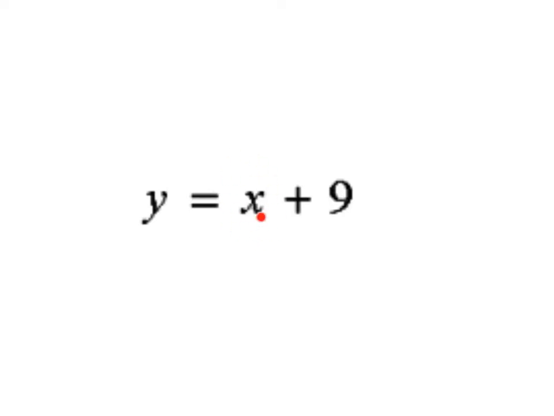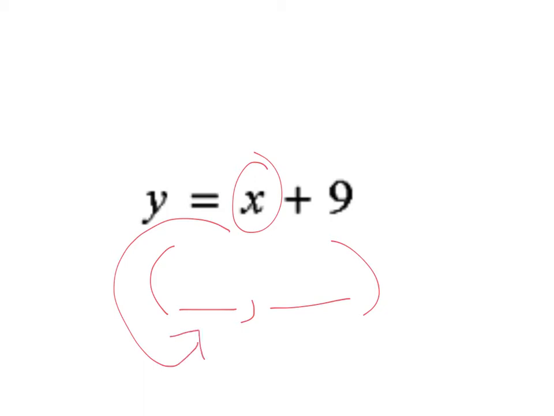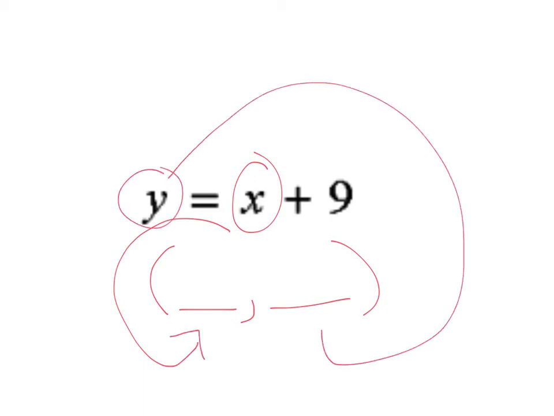That way, you can find out what your solution is. Remember, you're going to get an ordered pair for your answer. So you must have what x is equal to here, and once you get what y is equal to, you're going to put it right here.